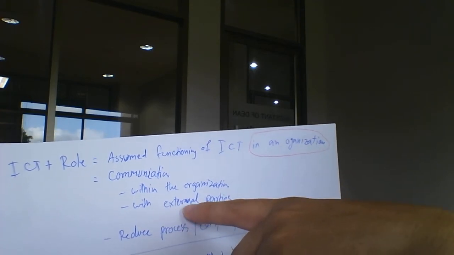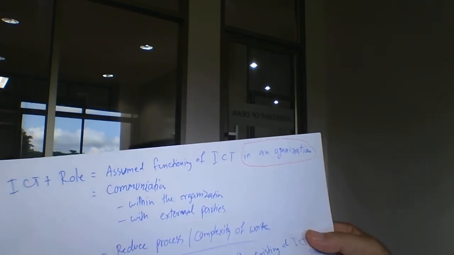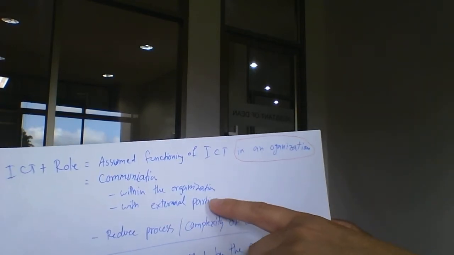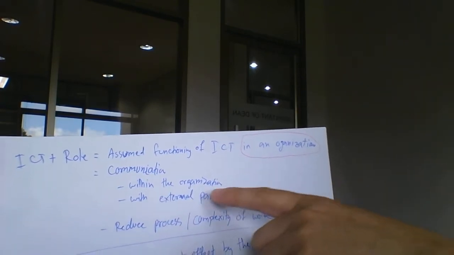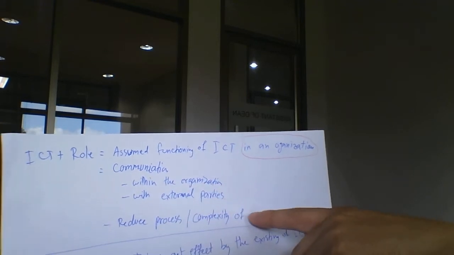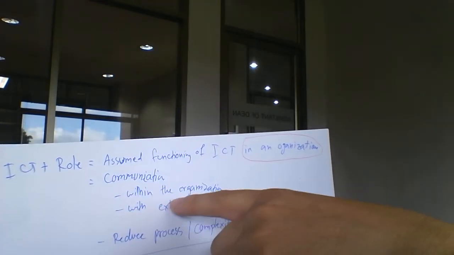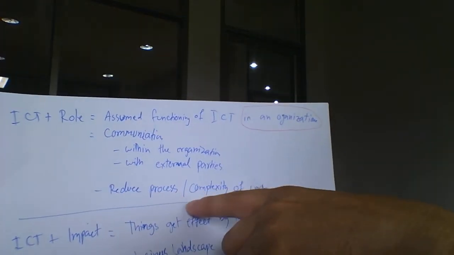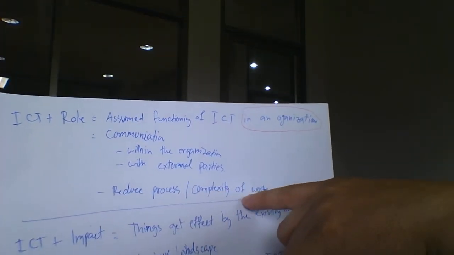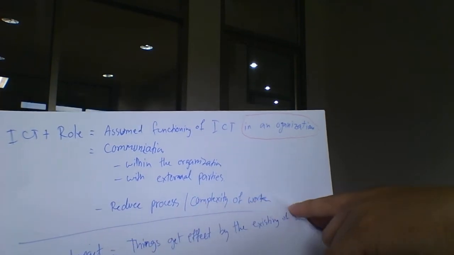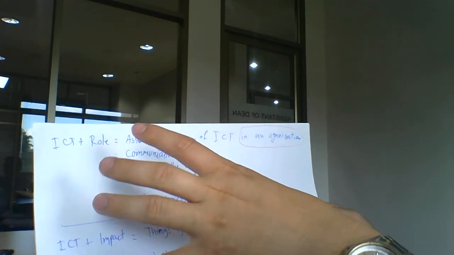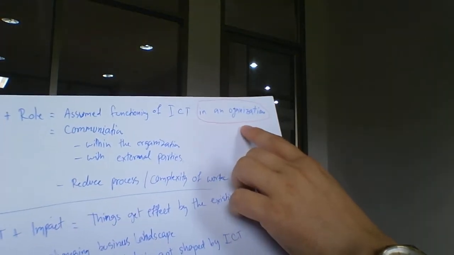For example, you want to communicate with another company or with your customer. You can use ICT for that purpose. Not only for communication, but also to reduce process and reduce complexity of work. This is how ICT can play a role in an organization.